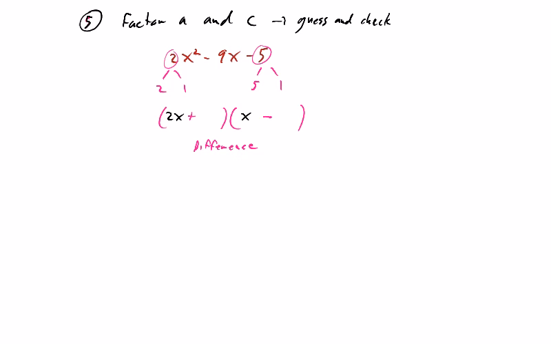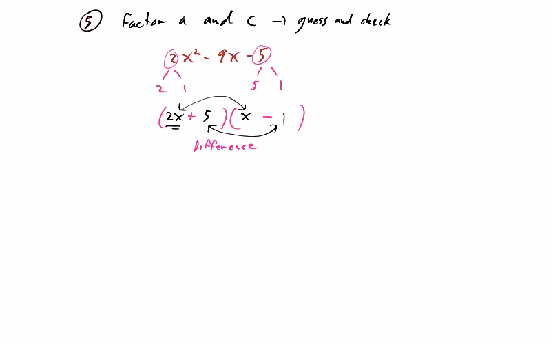We could have 2x and x to get 2x squared. So the first terms have to be 2x and x. They could be in reverse order, so they're interchangeable. And then the constant terms have to be 5 and 1, and they could be interchangeable. So there are really 4 different ways we could try things out.